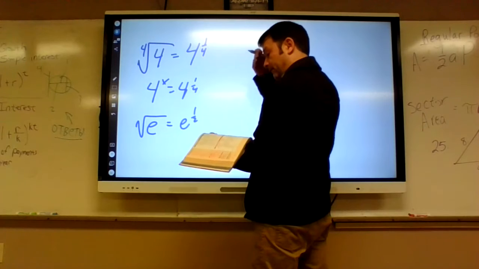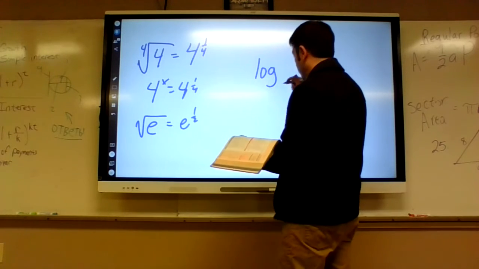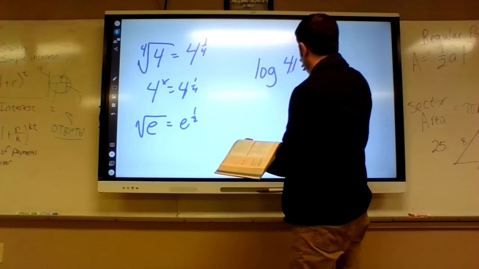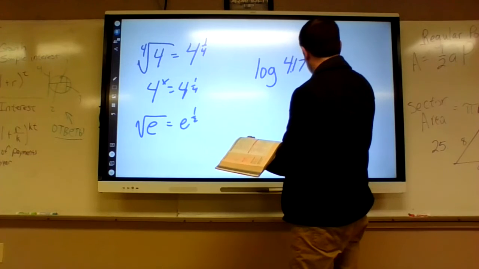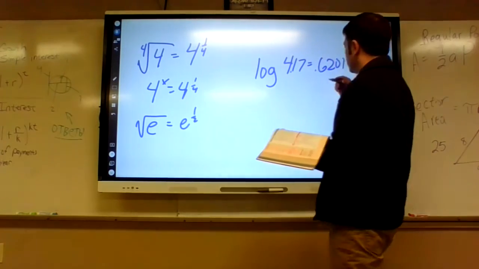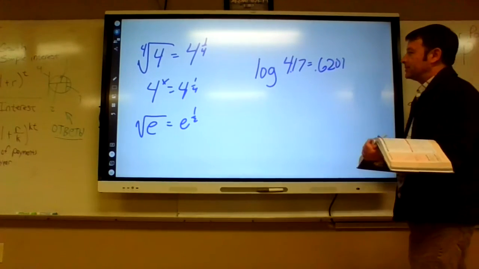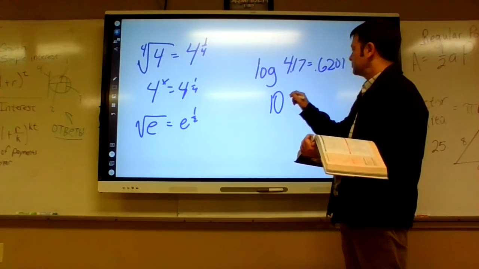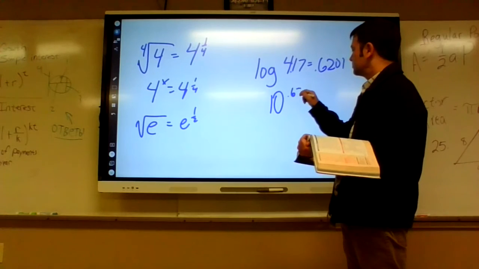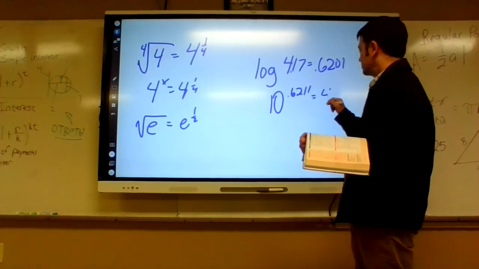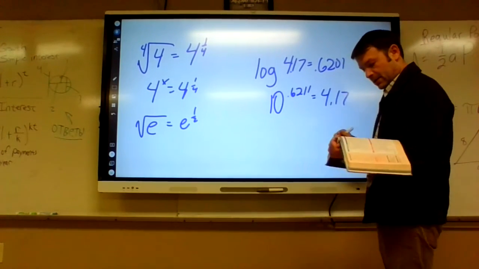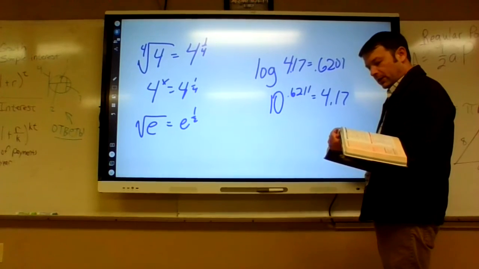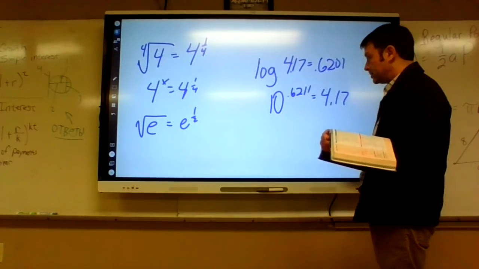Whatever they're saying with that first statement, log 4.17. What are they saying, Barry? What does that mean? 10 to the 0.6201 equals 4.17.